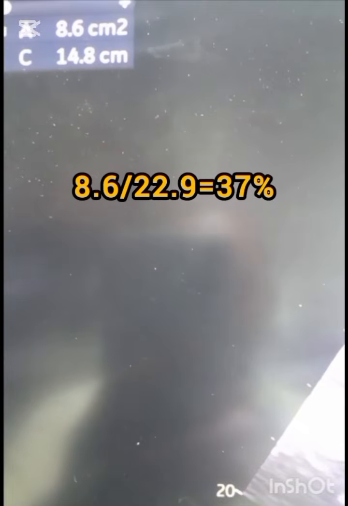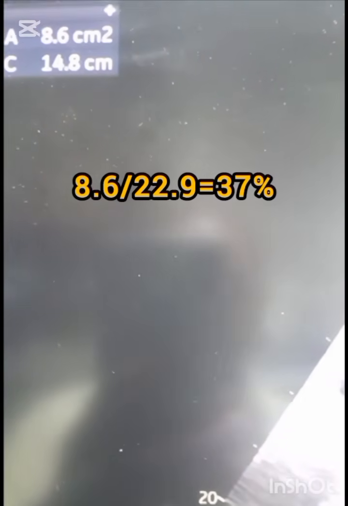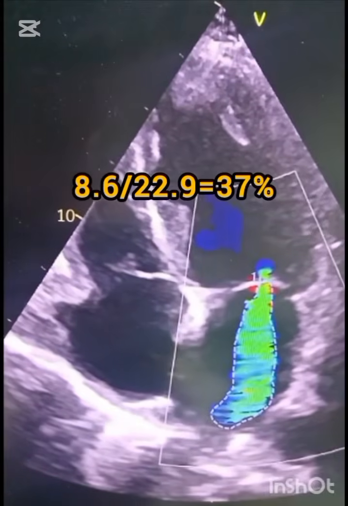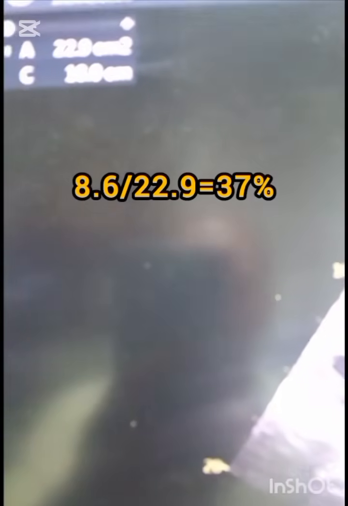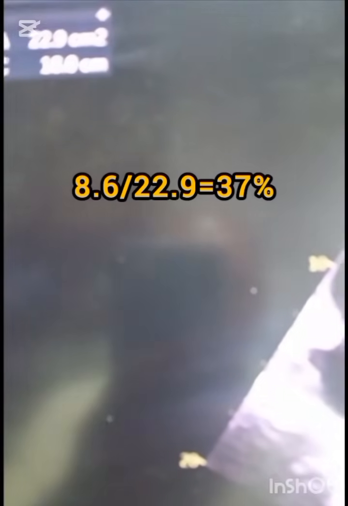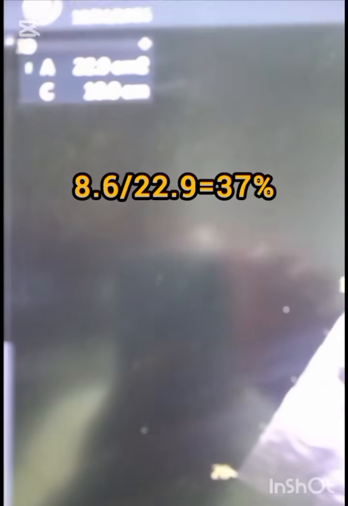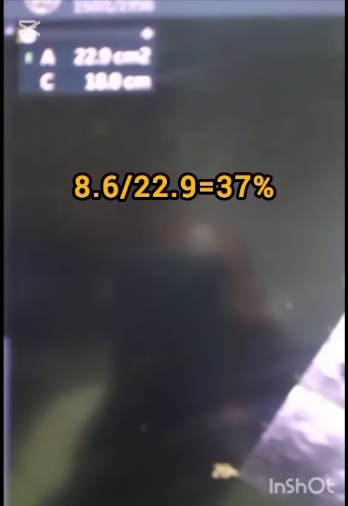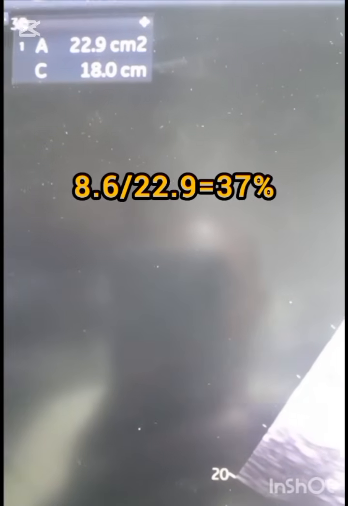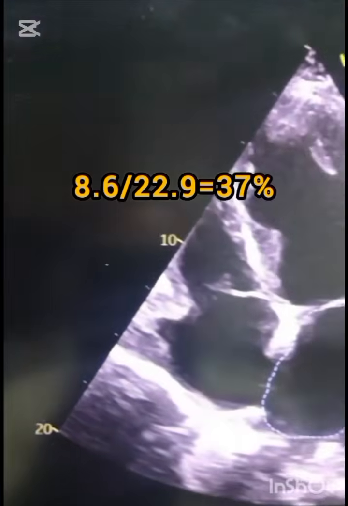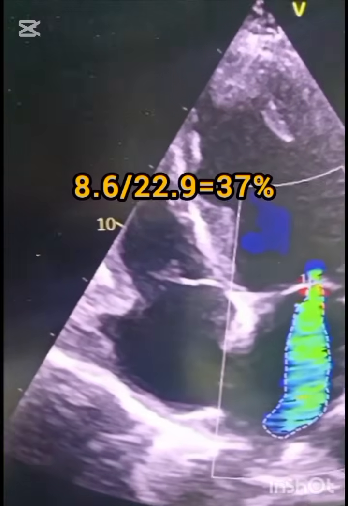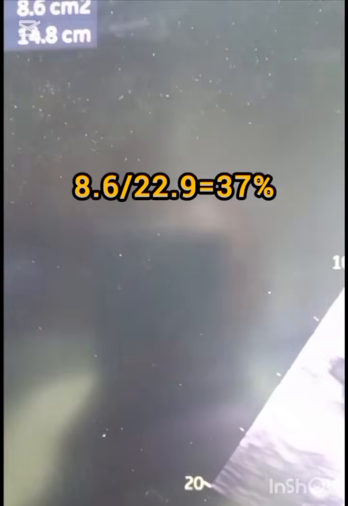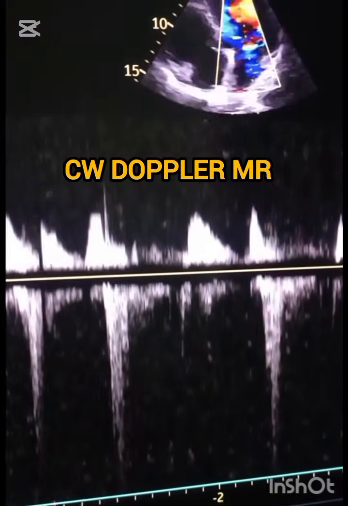Less than 20% is mild MR, 20 to 40% is moderate MR, greater than 40% is severe MR. Now in this case, the jet area of 8.6 divided by the LA area of 22.9 is equal to 37%. So this is called moderate to severe mitral regurgitation.